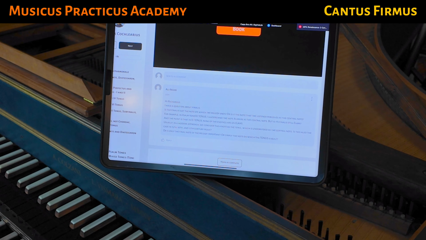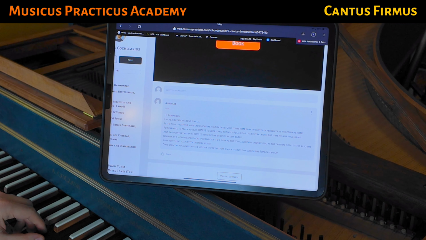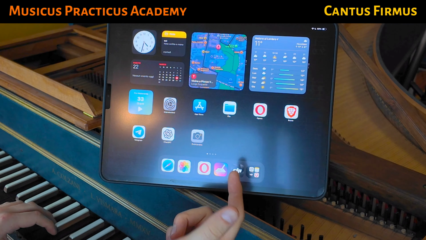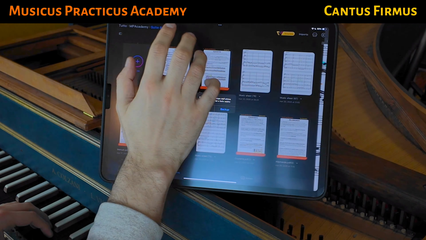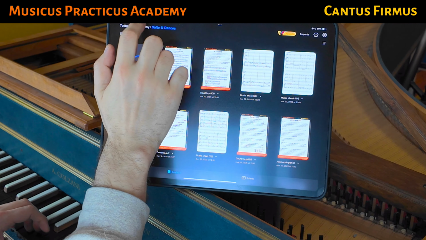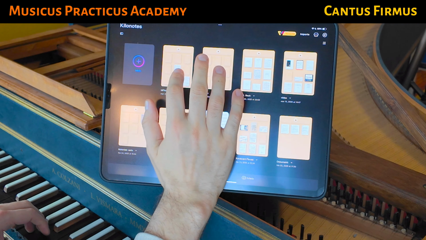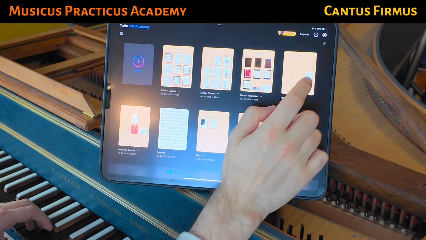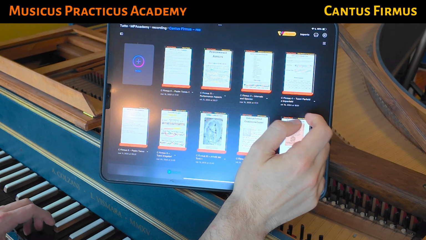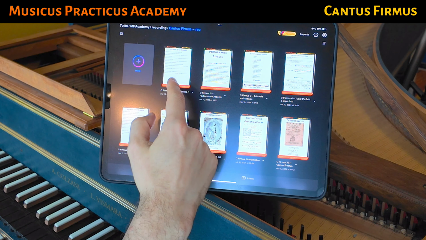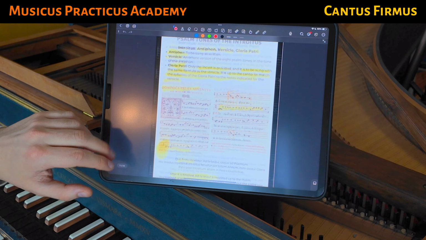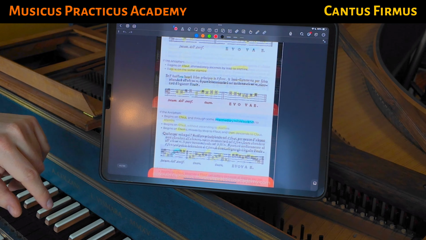The third tone is do re fa intonatio. Let's take the Cantus Firmus folder. So Cantus Firmus here, do re fa, and let's go to our section.